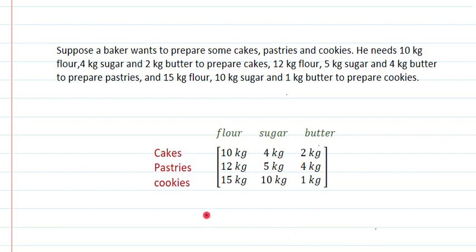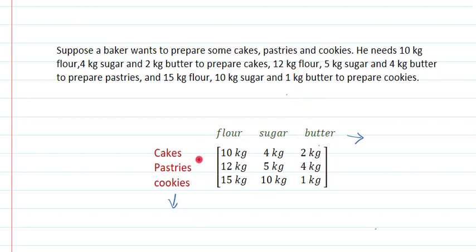If there are more items, we can increase these items here, as well as if there are more ingredients, we can increase in this way. Now you can see that this is the easy way to write this information.